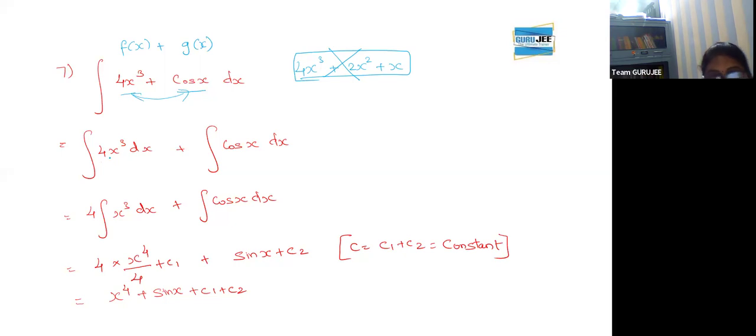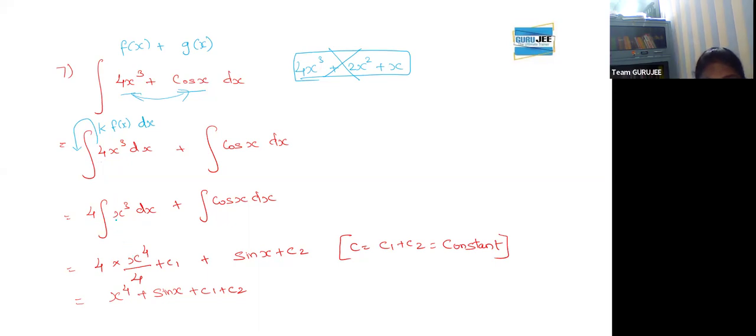For 4x cube, now use the next rule: integral of K f of x dx. If there is a constant inside the integral, you can bring the constant outside. Here 4 is a constant, so I can bring it out easily. 4 integrate x cube dx plus integrate cos x dx.